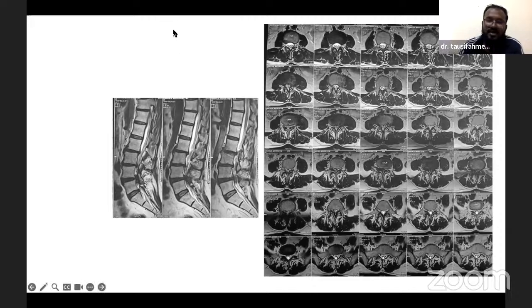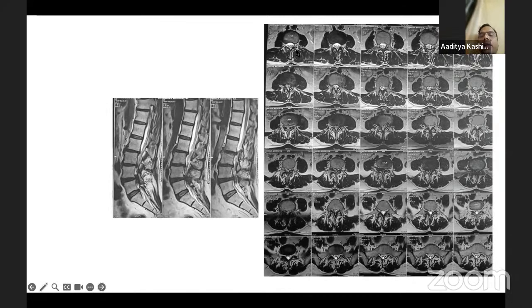Aditya sir, would you like to conclude the MRI? Yeah, hello. So there is very bad stenosis at L4-5 level, which is the maximum stenotic level, on the right side. I feel there is a facet cyst rather than a disc.